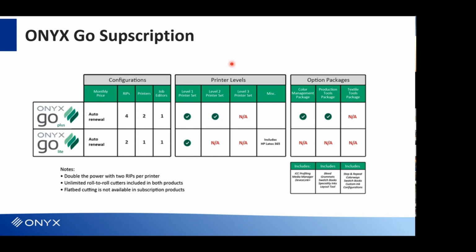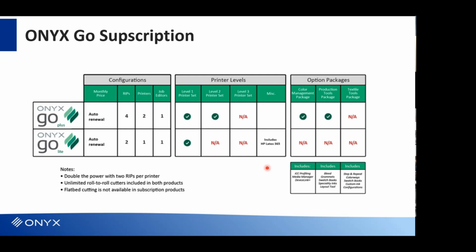So what you can see in the second part of the training after the break is how many new features the customers can use with the latest version of the RIP, right? Here below you can see the production tools described: bleed, grommets, watch books, specialty inks, layout tools sometimes might be used.